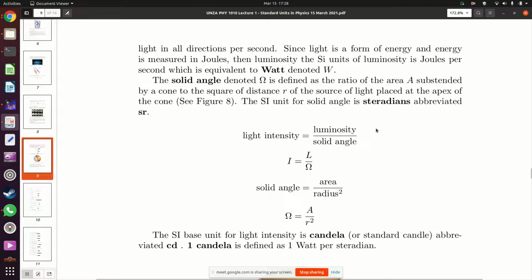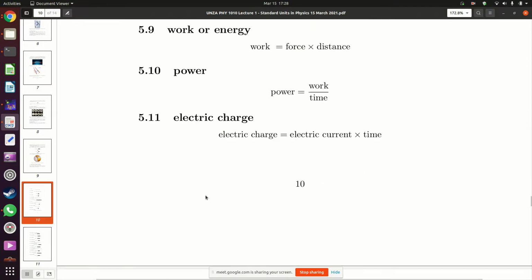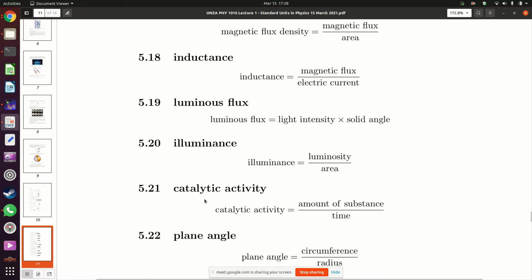So you cross multiply both sides, multiply by solid angle, and you end up with solid angle times light intensity gives you this luminosity. So that's a multiplication there of luminous flux. Then illuminance is the luminosity or the luminous flux divided by the area.